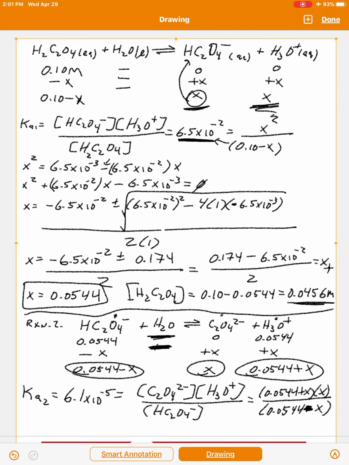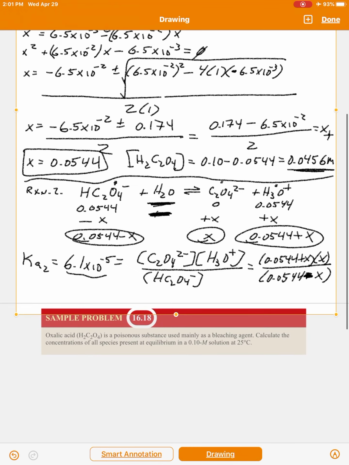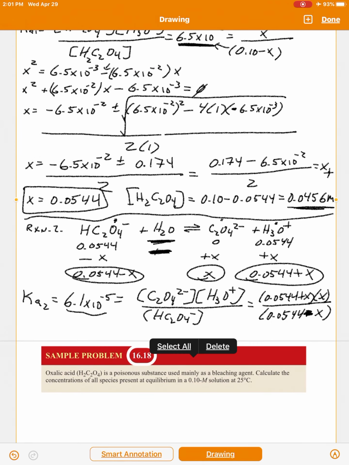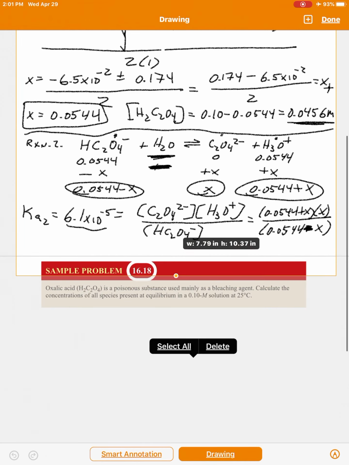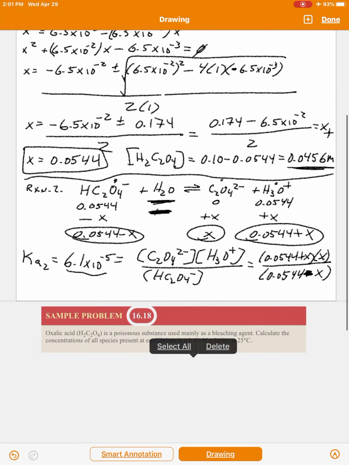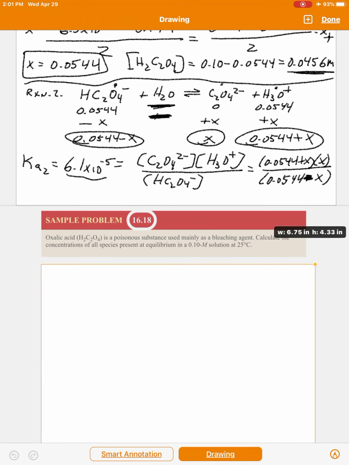Okay, so now this is pretty interesting. What do we do here? Because the value of Ka is small, only a small percentage of it is going to ionize. So that tells us something, actually. Let me see if I can come back over here and create some more room down here.